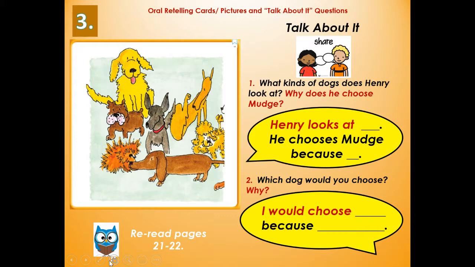Well, I personally would choose the small dog with the curly hair because I have 2 dogs that are small and I enjoy them very much. Their names are Zoe and Coco. And I like little dogs with curly hair.